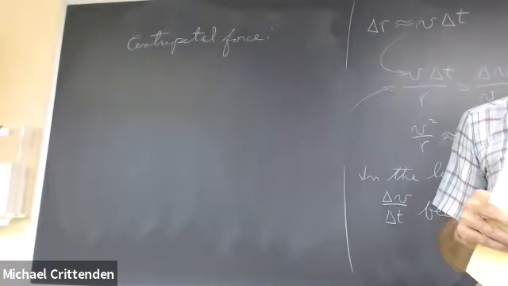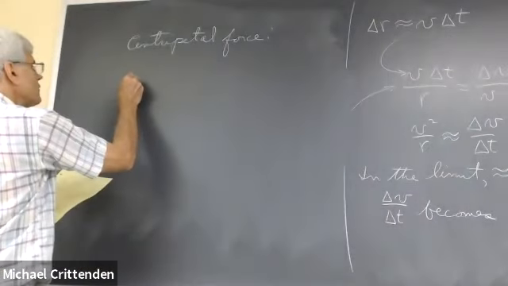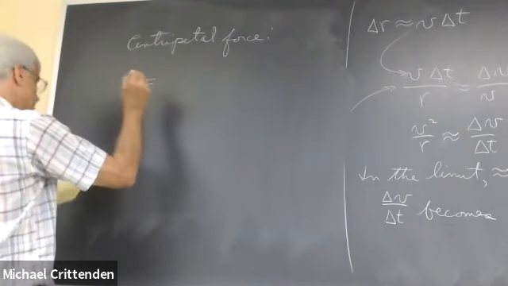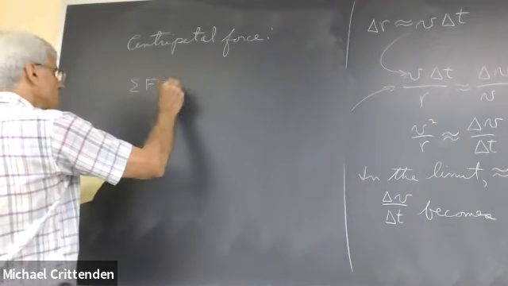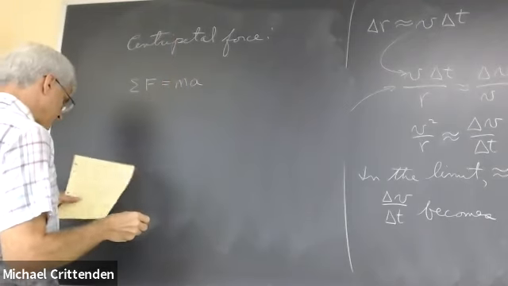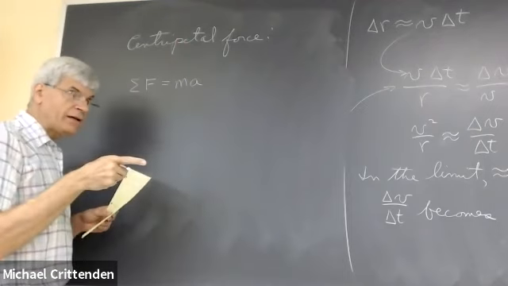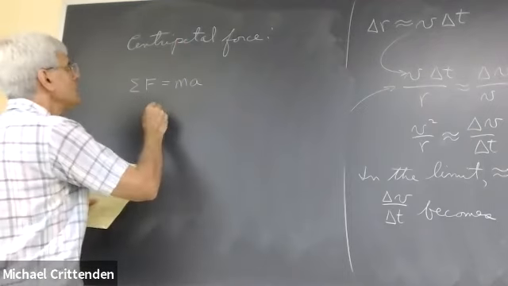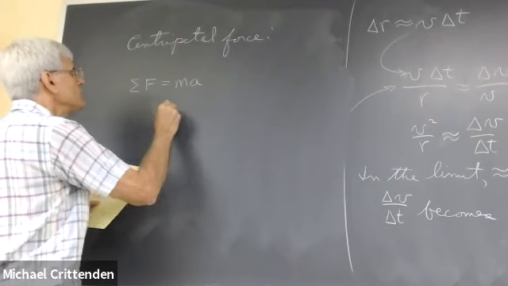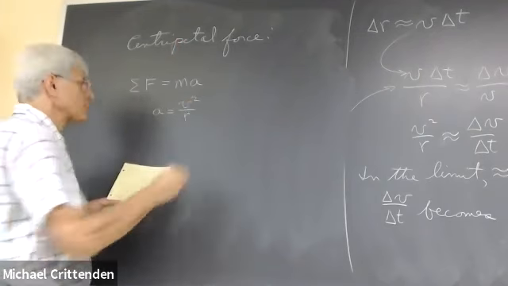Remember Newton's second law? That was the one that said the summation of the forces acting on a body is equal to its mass times its acceleration. Well, in this particular situation, I just got done showing that the acceleration is equal to v squared over r.